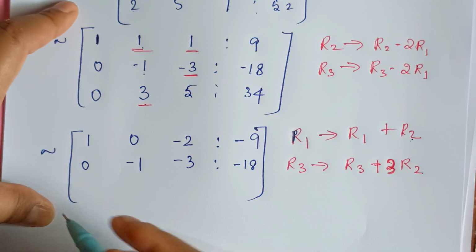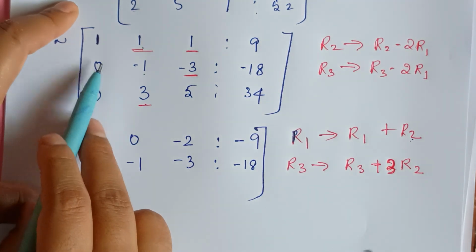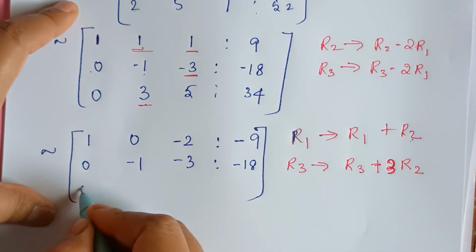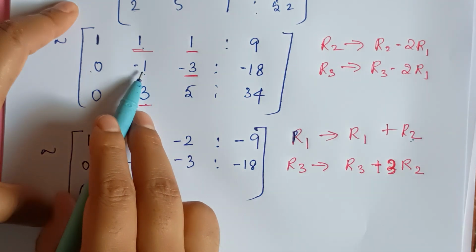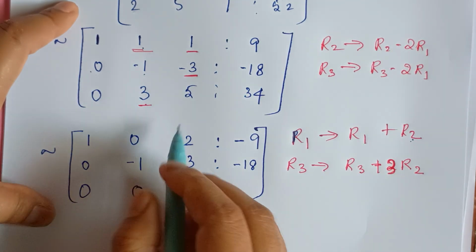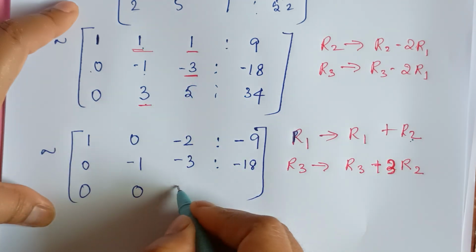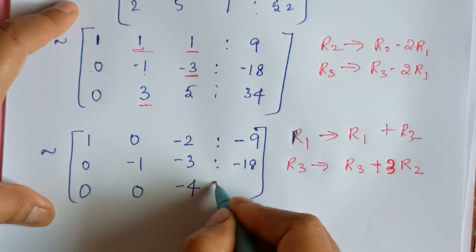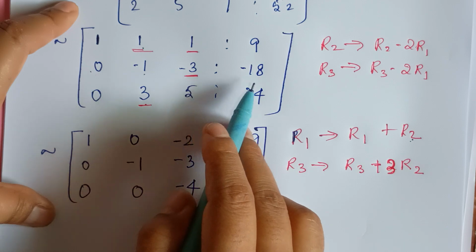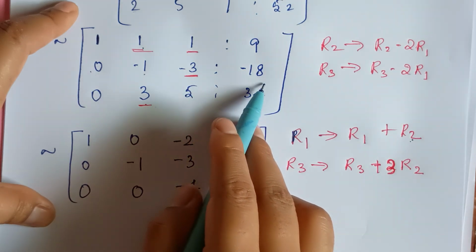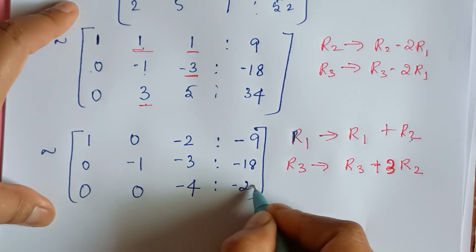If I do this, 0 plus 3 times 0 is 0 only. 3 minus 3, it is 0. 5 minus 9, it is going to be minus 4. 34 minus 18 times 3, this is going to give me minus 20.